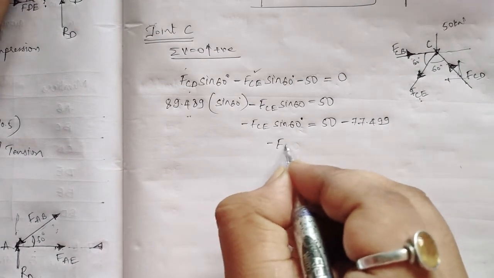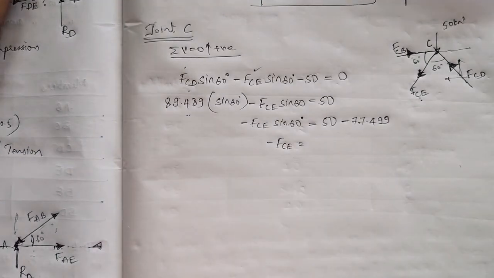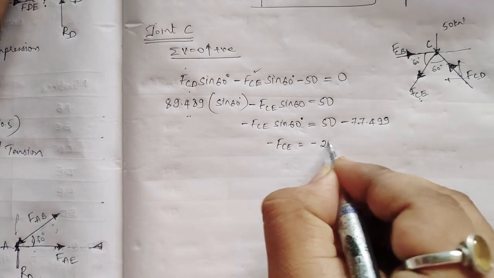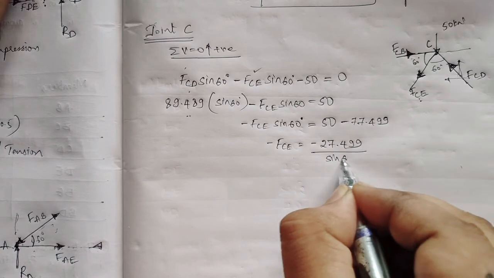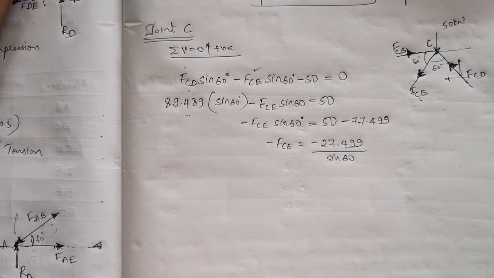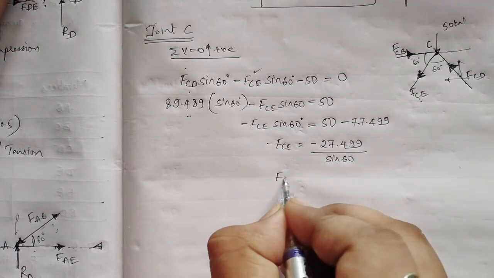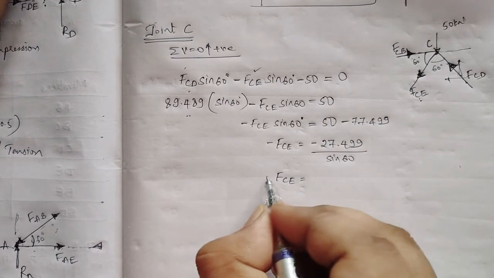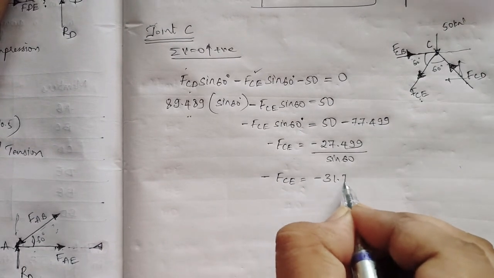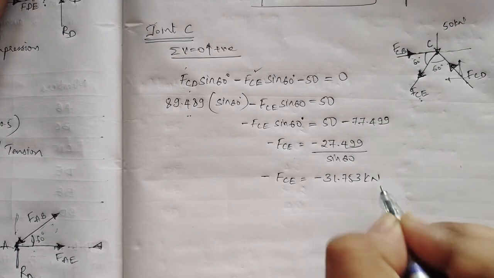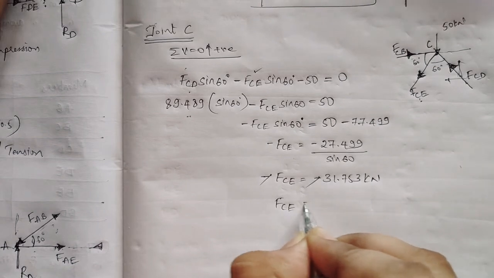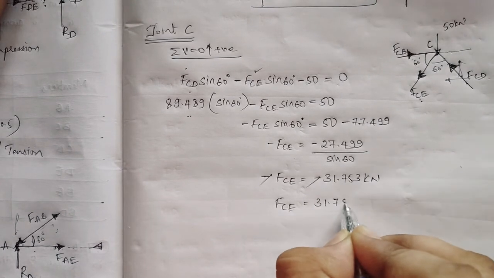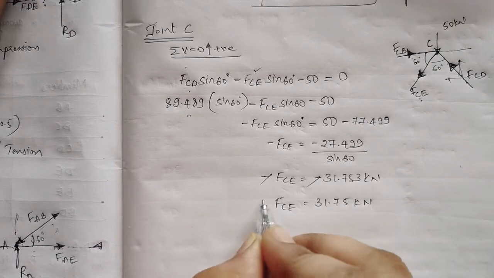So FCE sine 60 is 50 minus 77.499, that is minus 27.499, divided by sine 60. I get the value of FCE as minus 31.753 kilonewton. This negative sign cancels with the assumed direction, so FCE is 31.75 kilonewton.